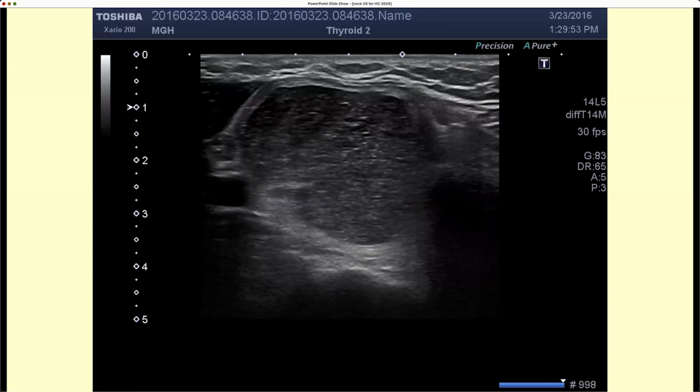Sorry, going to a previous slide: how can you tell the difference between a nodule and nodular lymphoma? Lymphoma is very difficult. First of all, lymphoma almost always occurs in the setting of Hashimoto's thyroiditis. The lymphomas that I've seen, which are not many, have had a hypoechoic, very homogeneous pattern with lymphadenopathy.